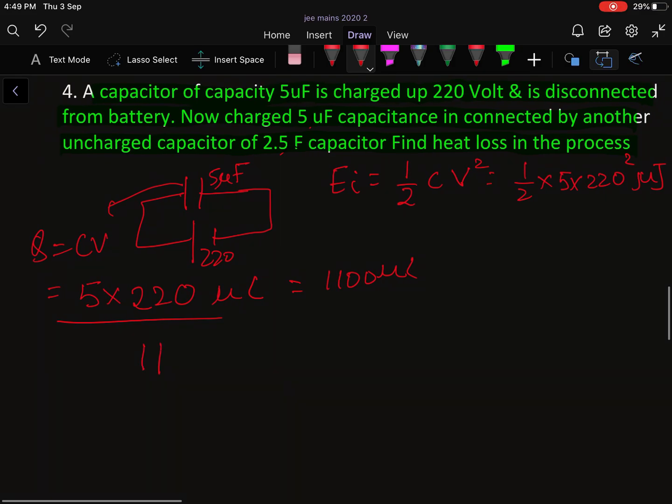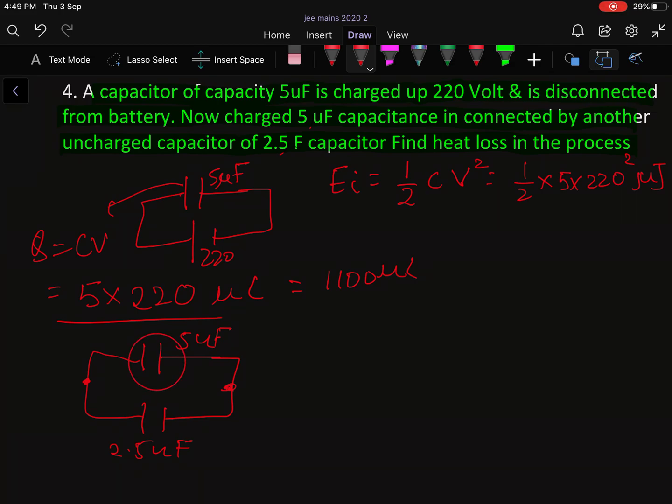So this 5 microfarad capacitor is connected with another 2.5 microfarad capacitor. We know that they must be at the same potential. Initially one has 0 potential and the other has 220.